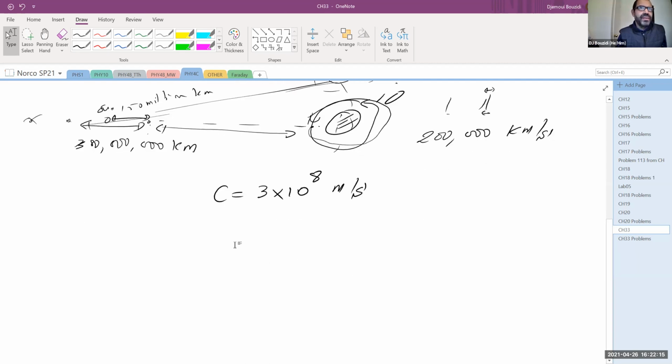Otherwise, it's 2.997-something times 10 to the power 8 meters per second, or 300 million meters per second, or 300,000 kilometers per second.